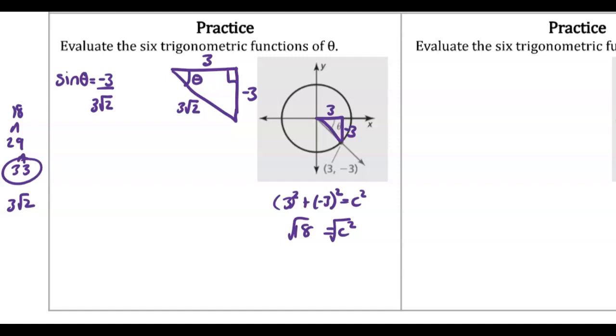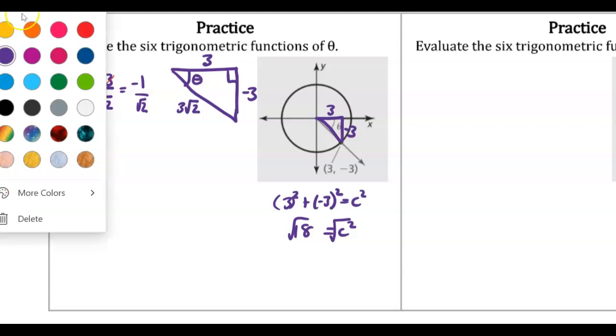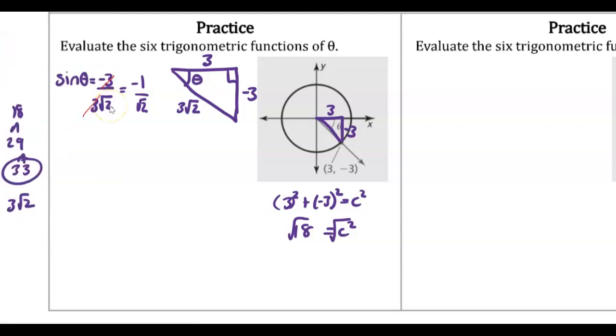So the first thing I'm going to do is these 3's cancel out, and so you just have -1 over square root 2. And then to get rid of the square root 2 on the bottom, you've got to multiply by square root 2 over square root 2. So that gets negative square root 2 over square root of 2 times square root of 2 is 2. That's the answer to sine.